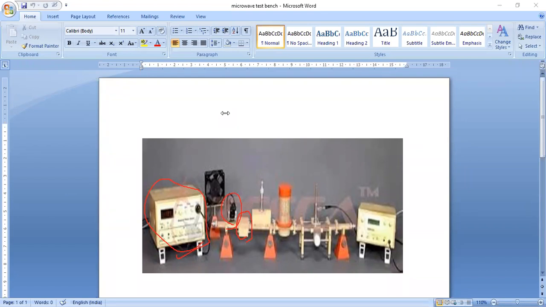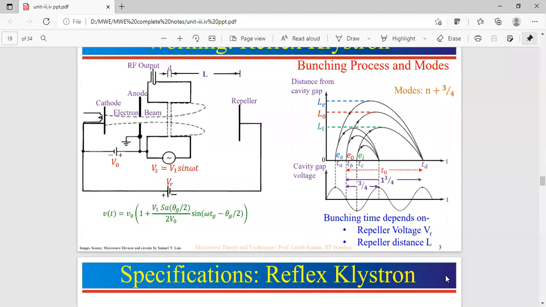How many voltages are required for the reflex klystron is very, very important. See, this is the diagram of the reflex klystron.